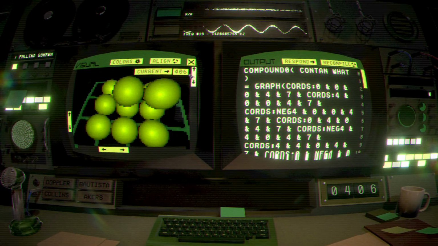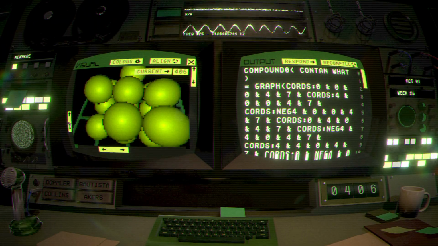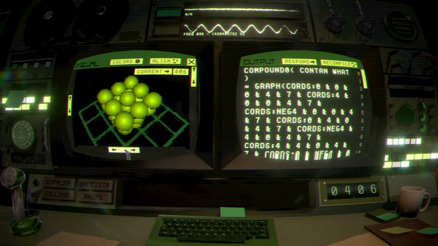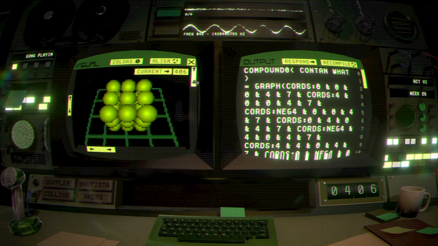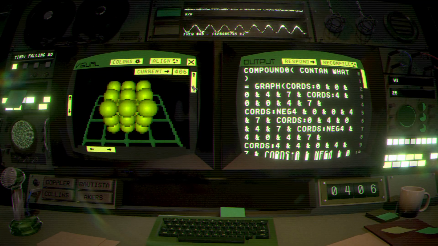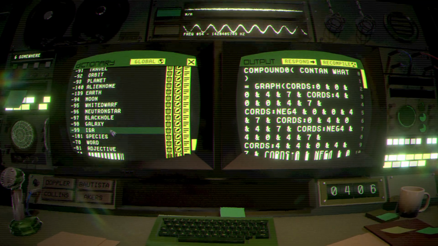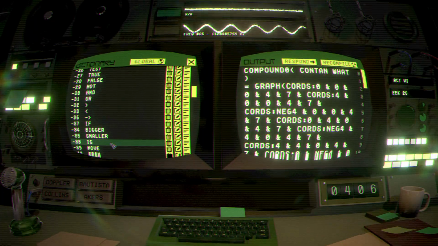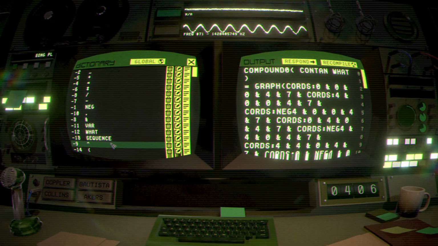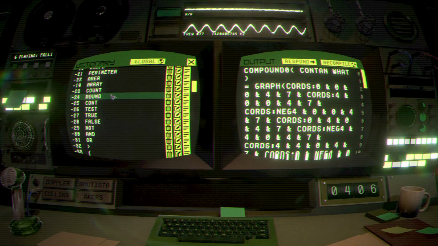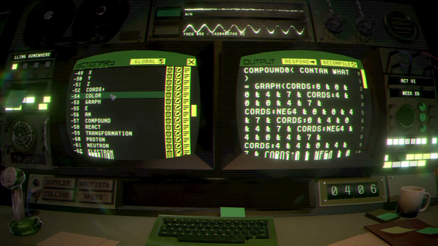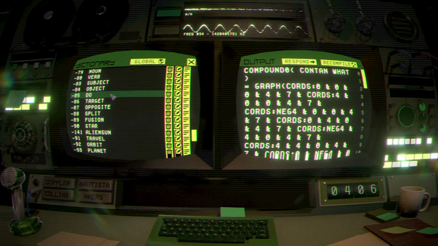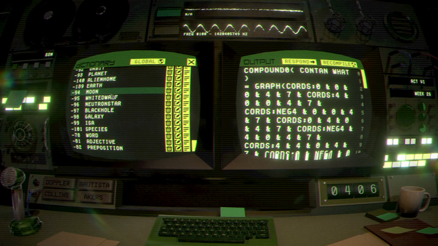Compound 0. What is contan? The heck is contan? Am I crazy?